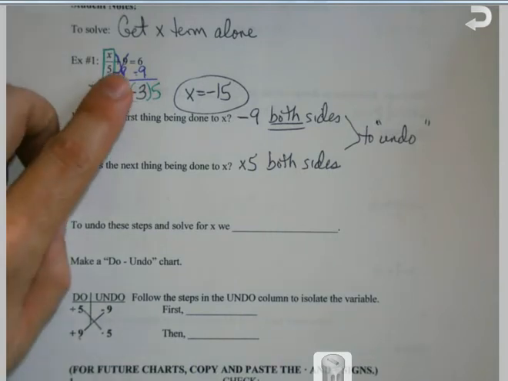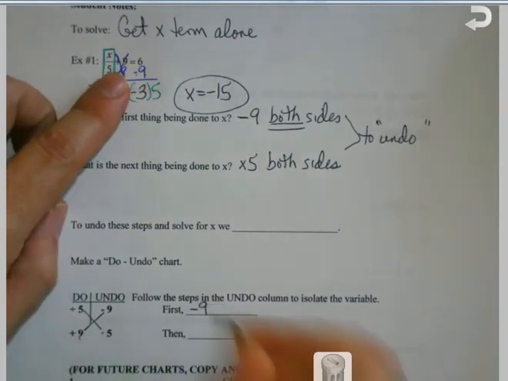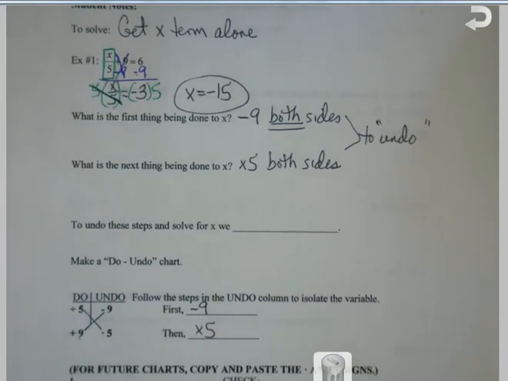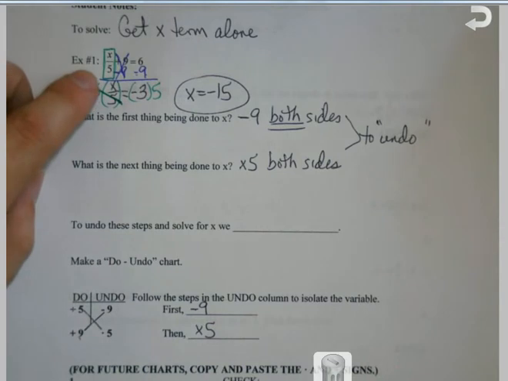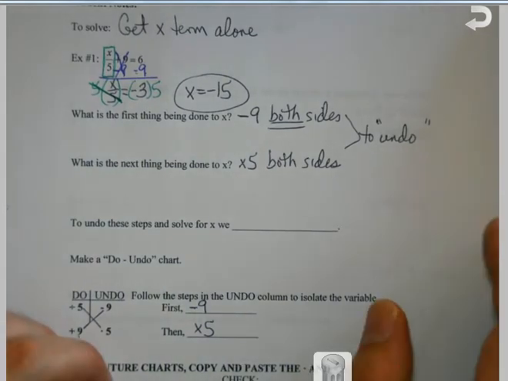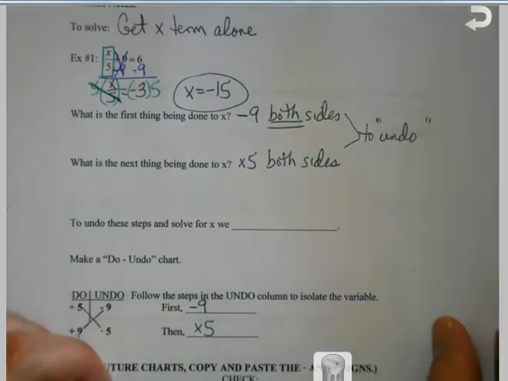Because here I just remind myself, yeah, first I got to minus the 9, then I have to do the times by 5 part, okay? Again, it's up to you. At the very least I want to see what we were doing work-wise up top. And I'm going to try to get some colored pencils in here so we can actually see the steps a little bit better, because I think that may help some of you a bit, okay?